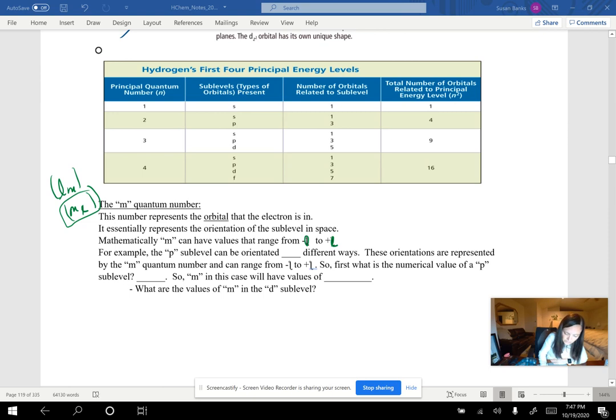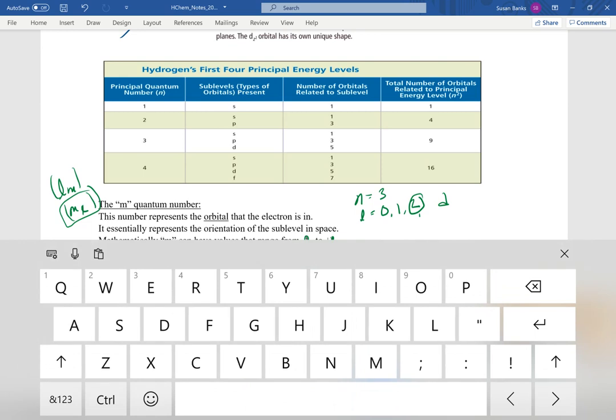So for example, if N is 3, L can have values of 0, 1, and 2. Let's pick 2. If L is 2, that means I am in a d orbital, correct?